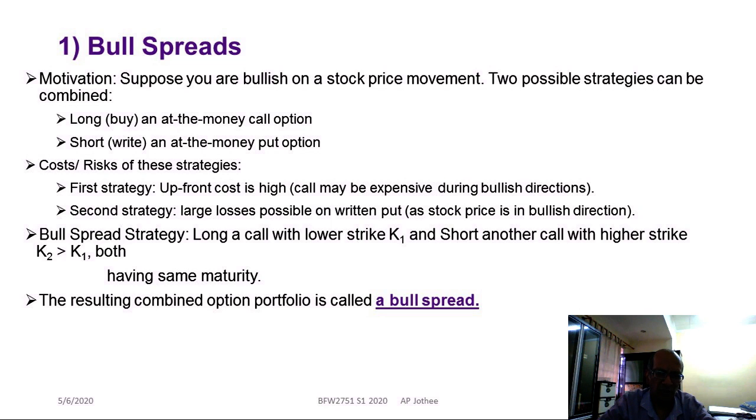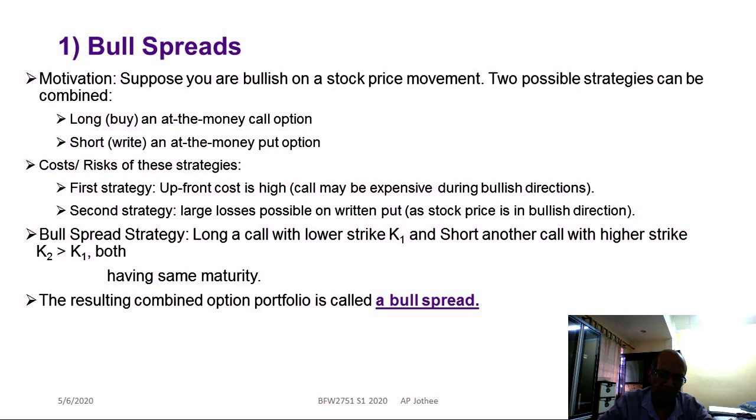Why large losses are possible on the short put is that you have written a put for a small premium. The swing is supposed to be bullish. If the direction goes bullish, you are going to make money on the call option which you are long, with a very high premium.